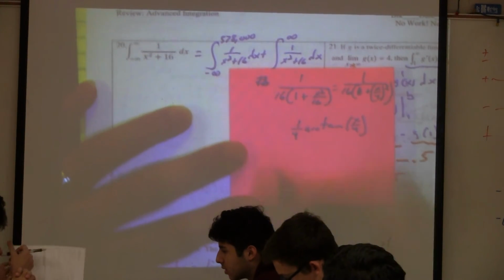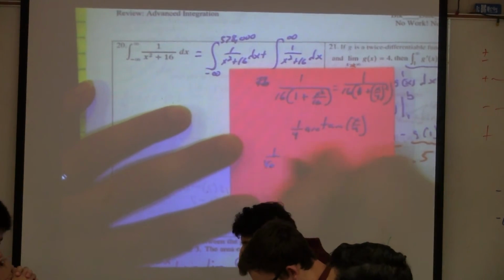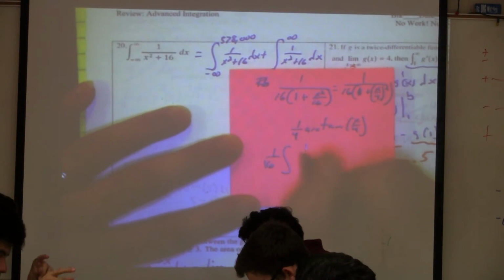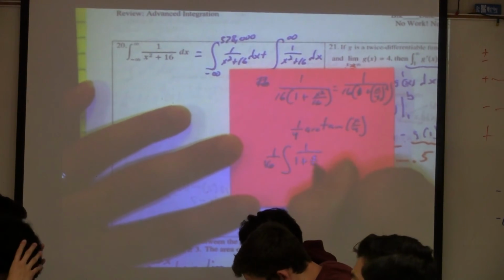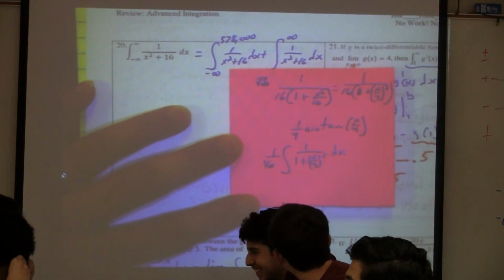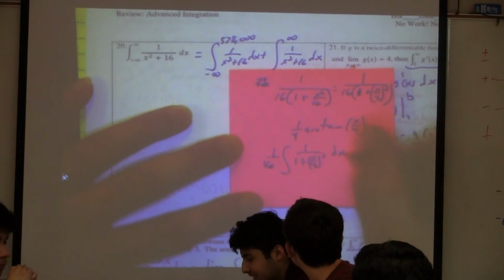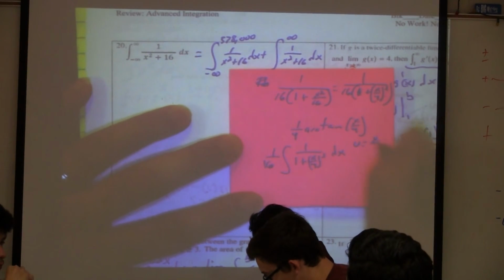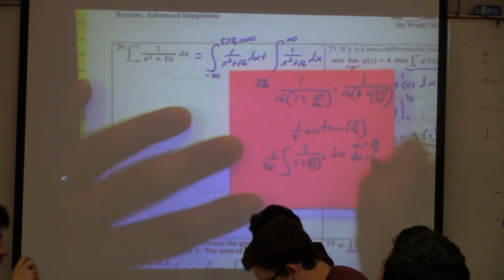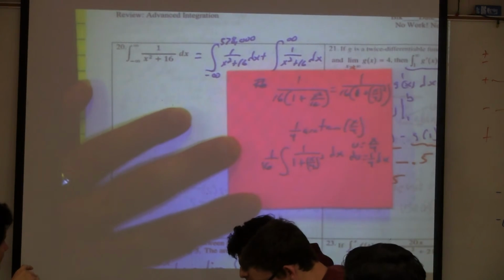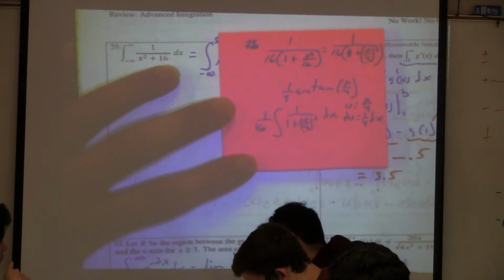So we got 1/16, right? The integral of 1 over 1 plus x over 4 squared. So u is going to be x over 4. du is 1/4 dx. I don't have the 1/4, right? So you gotta move it.